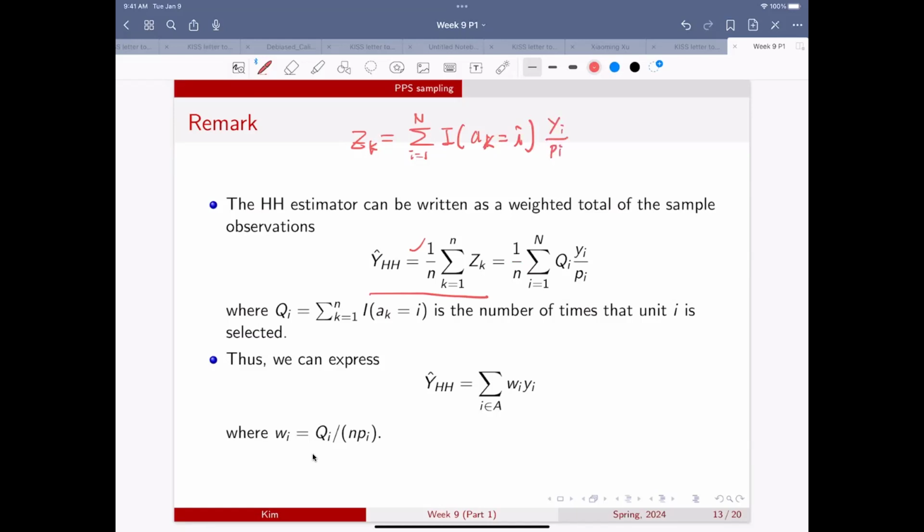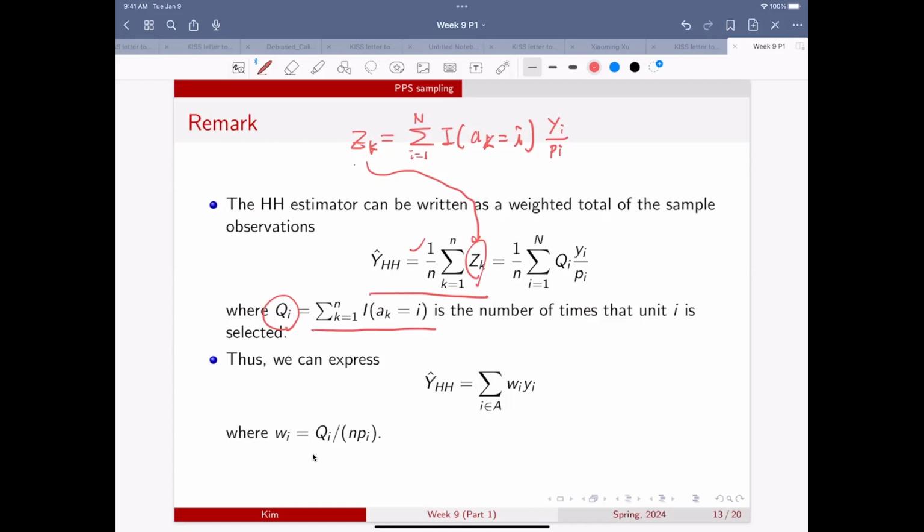If you plug this in here, change the order of summation and redefine, you get Q_i, the number of times that unit i is selected in the sample.